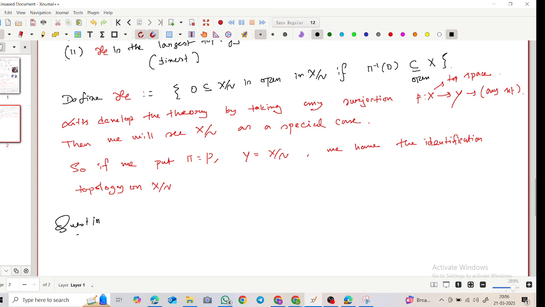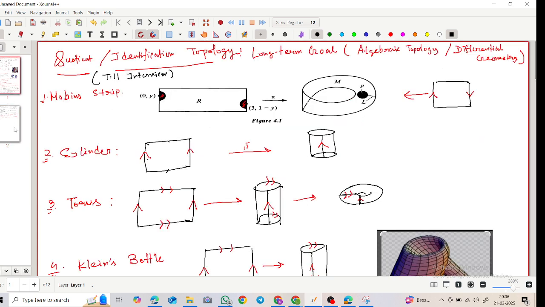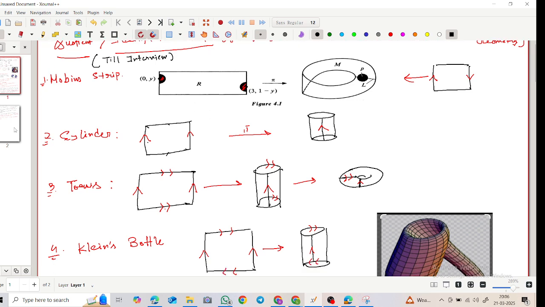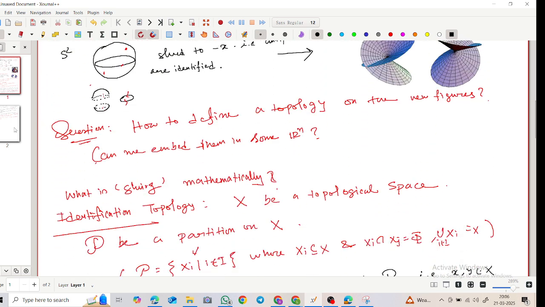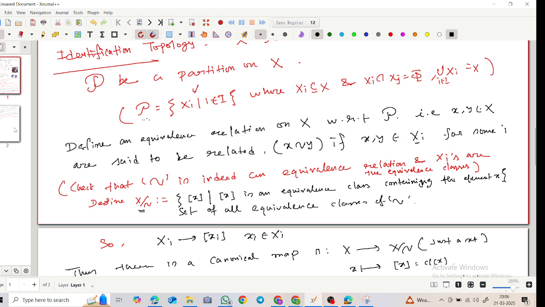So I end this class with a question. In our page 1 we handled a lot of things pictorially. Then all of a sudden we go into partitions and we defined topology and all that, we defined everything set theoretically.